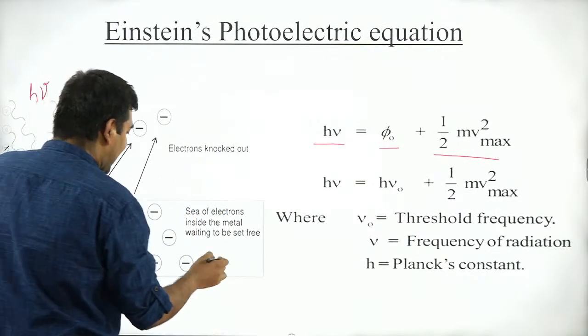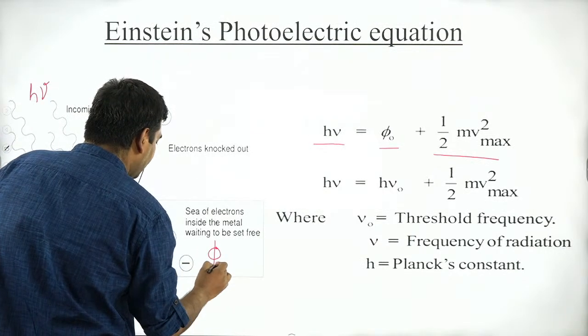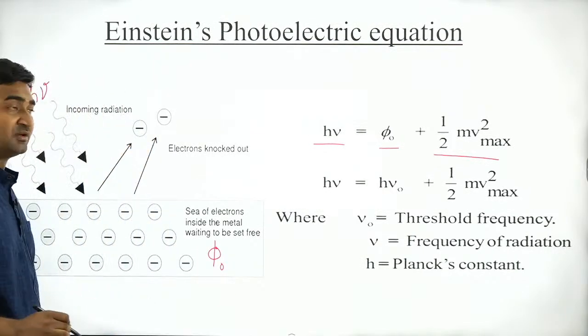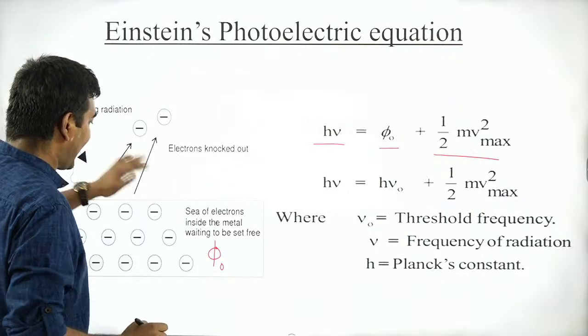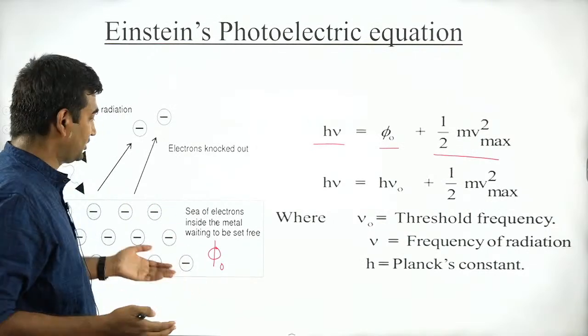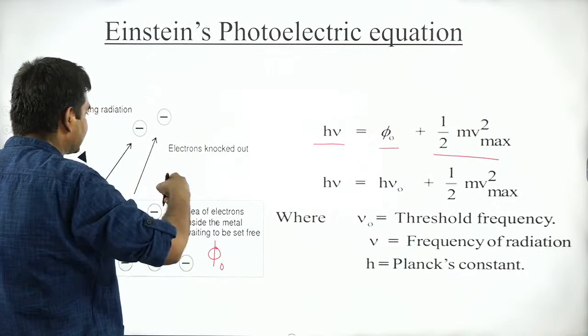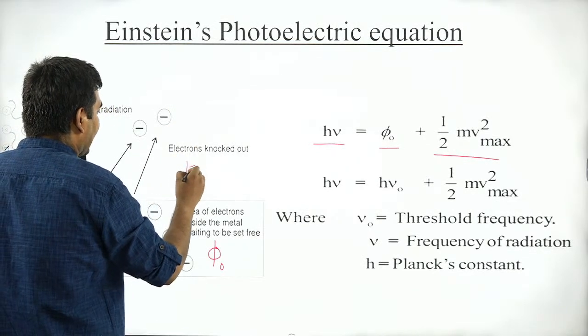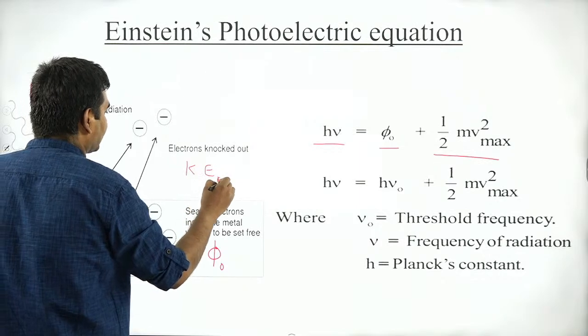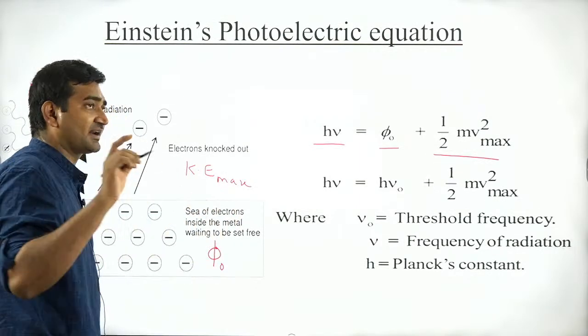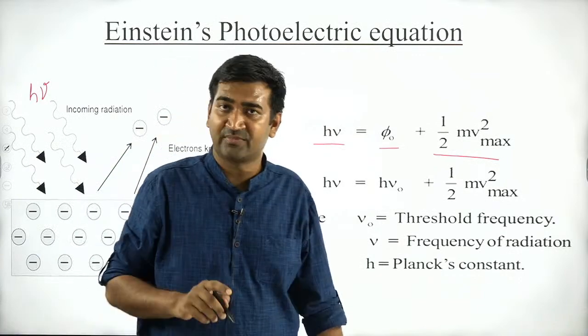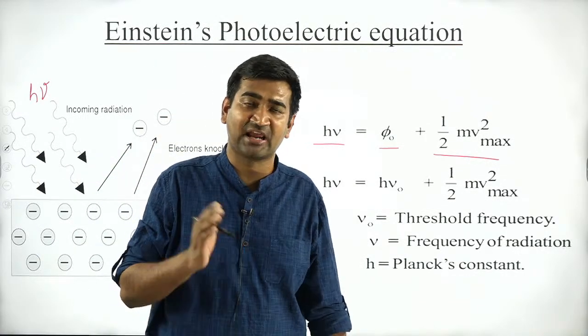Suppose it has phi naught as the work function. So h nu will be equal to phi naught, which is the minimum requirement to remove the electron, and all the rest of the energy is converted into the kinetic energy of this electron, which is called Ke max if we are calculating from the surface.